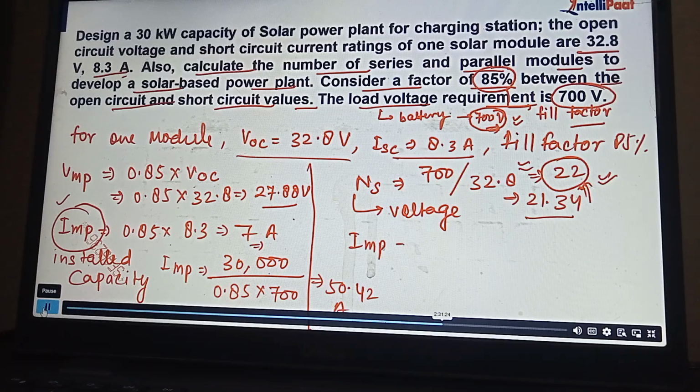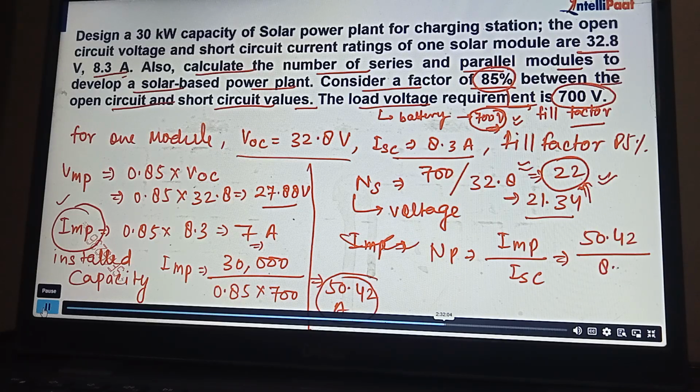Now IMP, how do we calculate NP? We have this total IMP current. You can take IMP or ISC, whatever value you consider. Total IMP we have calculated is 50.42. 50.42 divided by ISC, which is 8.3.